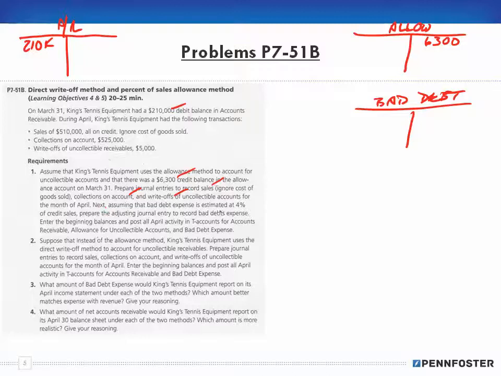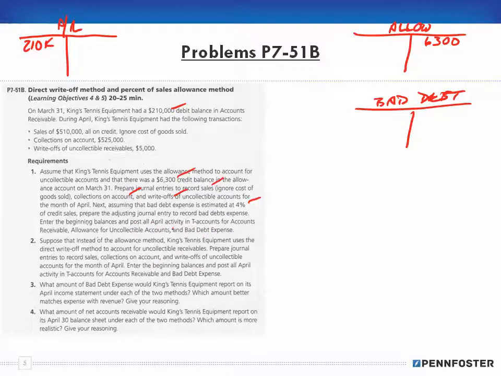Next, assuming that the bad debt expense is estimated at 4% of credit sales, prepare the adjusting journal entry to record bad debt expense. Enter the beginning balances and post all of the April activity in T accounts for accounts receivable, allowance for uncollectible accounts, and bad debt expense.